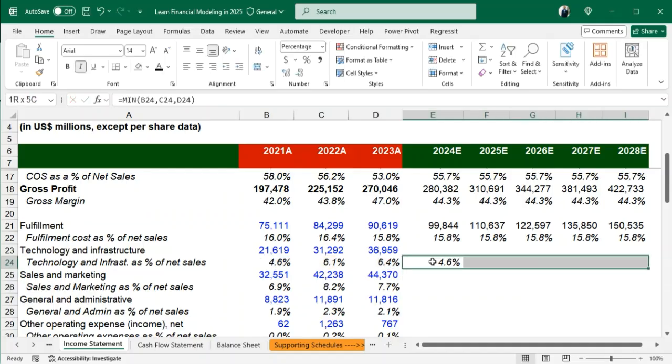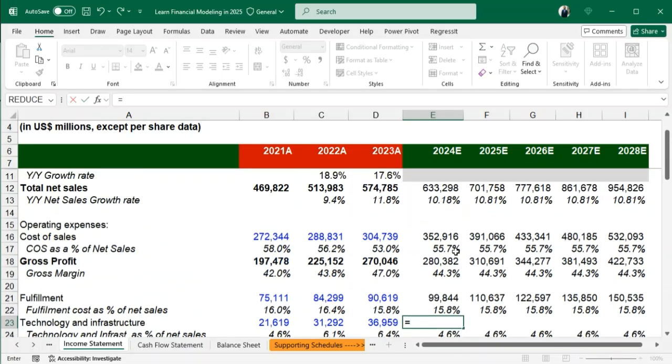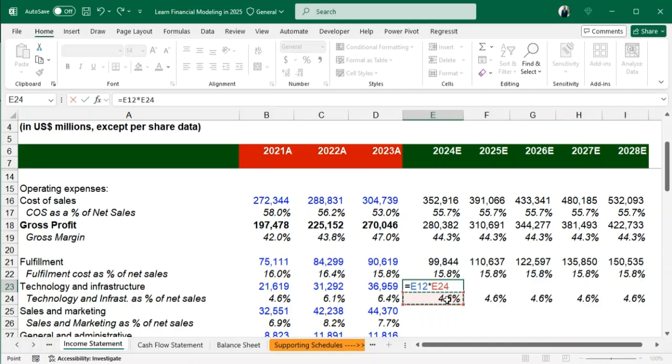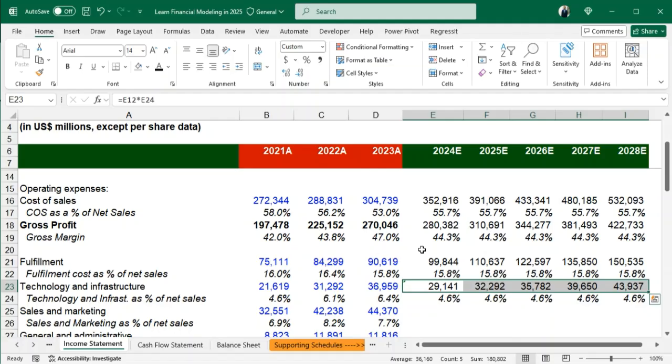I can copy this to the right using Control R, and then I can have my formula there. The total net sales multiplied by our percentage, like that, and this should be 0 decimal places, and copy this to the right using Control R.